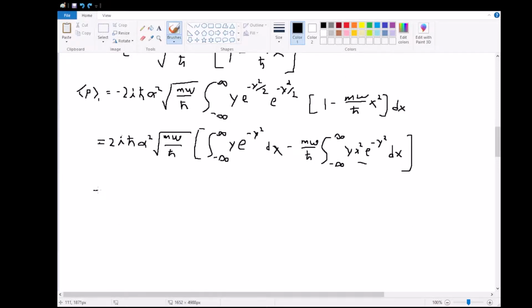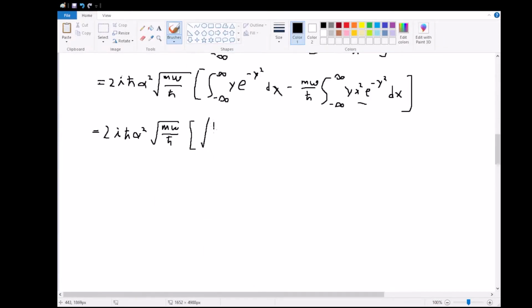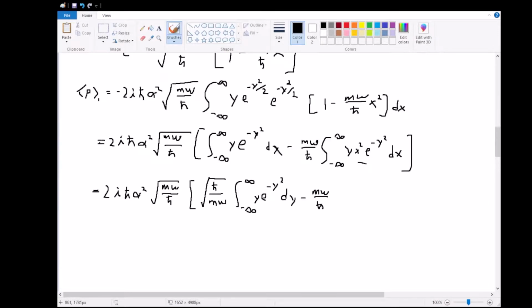So then this gives us 2i h bar alpha squared times square root of m omega over h bar, multiplied by square root of h bar over m omega times the integral from negative infinity to positive infinity of y times e to the negative y squared dy, and then minus m omega over h bar. And then there's 3 of these, 2 x's and 1 dx.